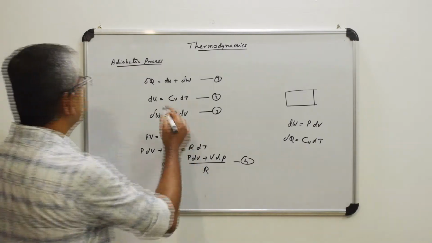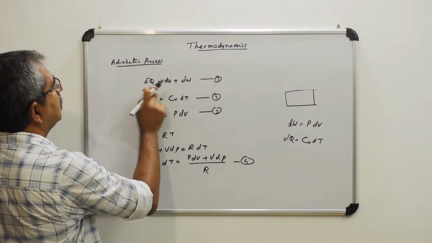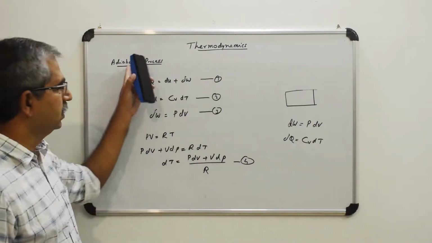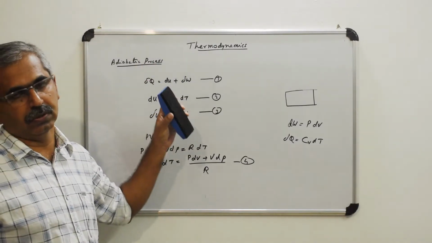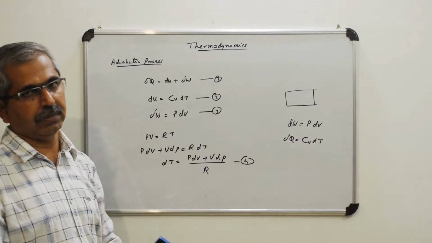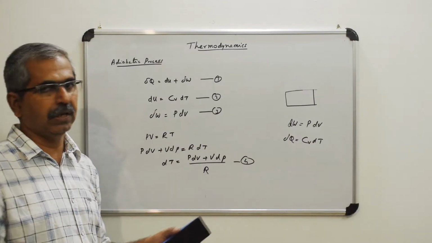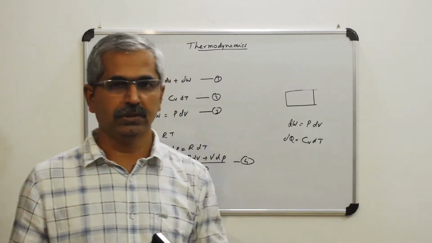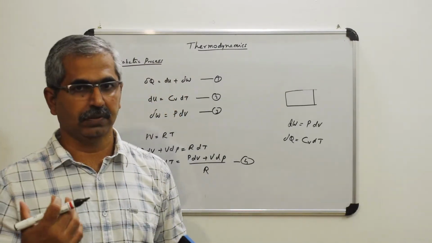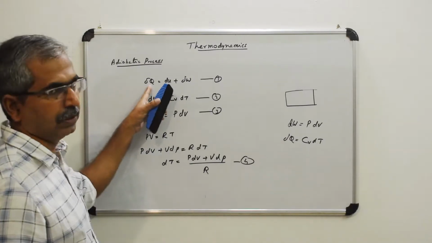In the first equation, what is delta Q? See, this is an adiabatic process, so delta Q will be equal to 0. That means no external heat is applied. Whatever change is happening there, the energy used for this particular change will be taken from the system itself. So delta Q will be equal to 0.